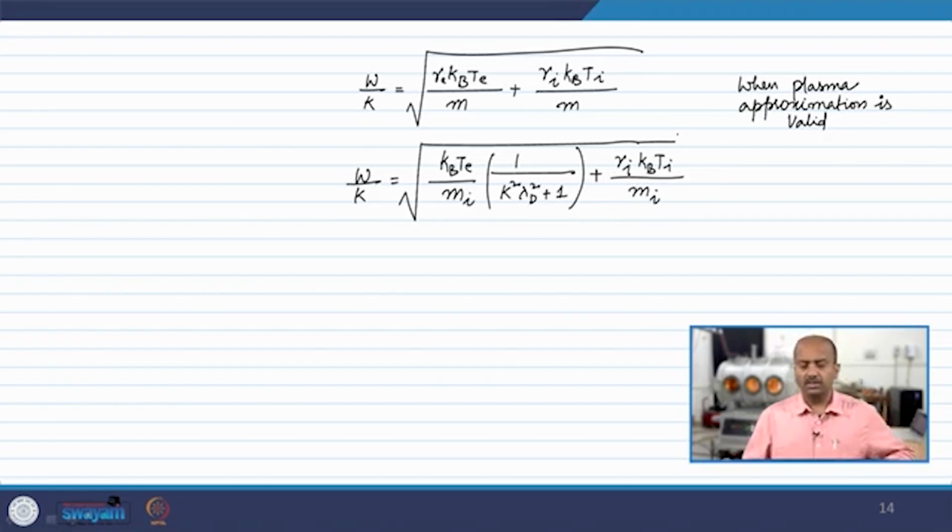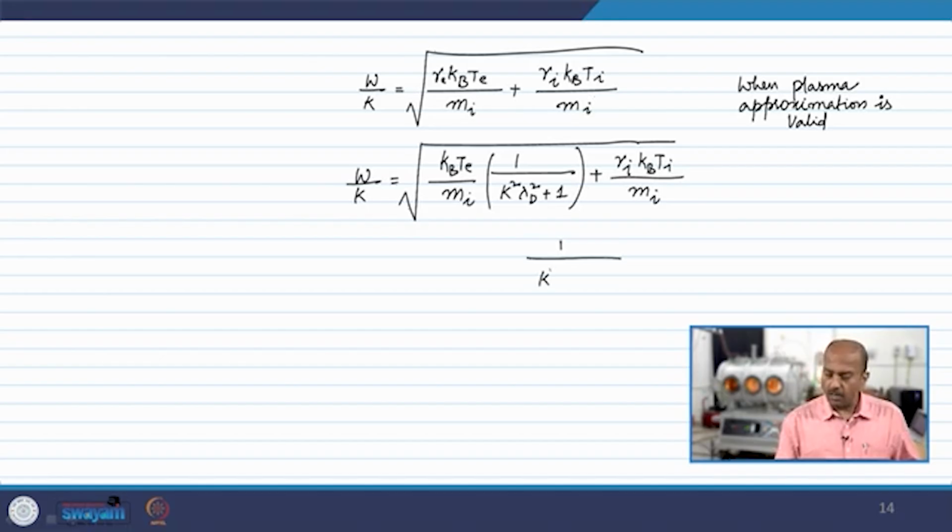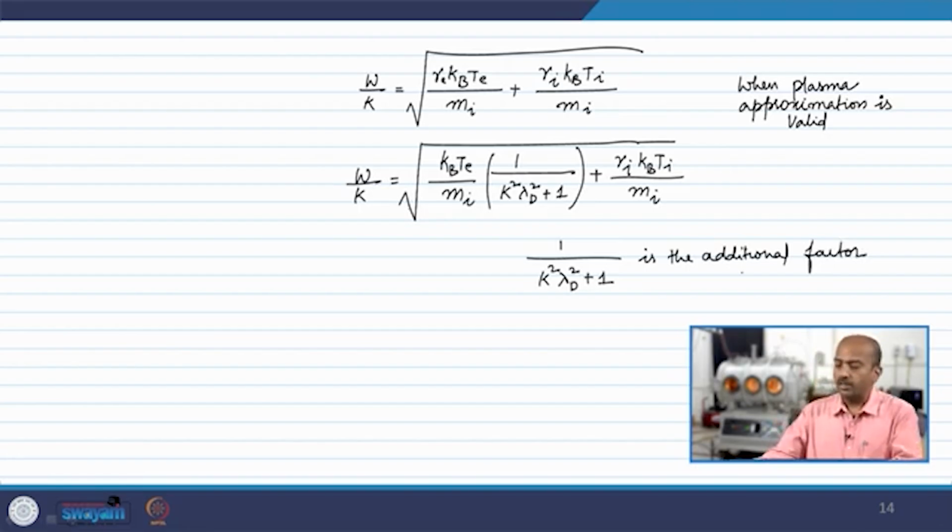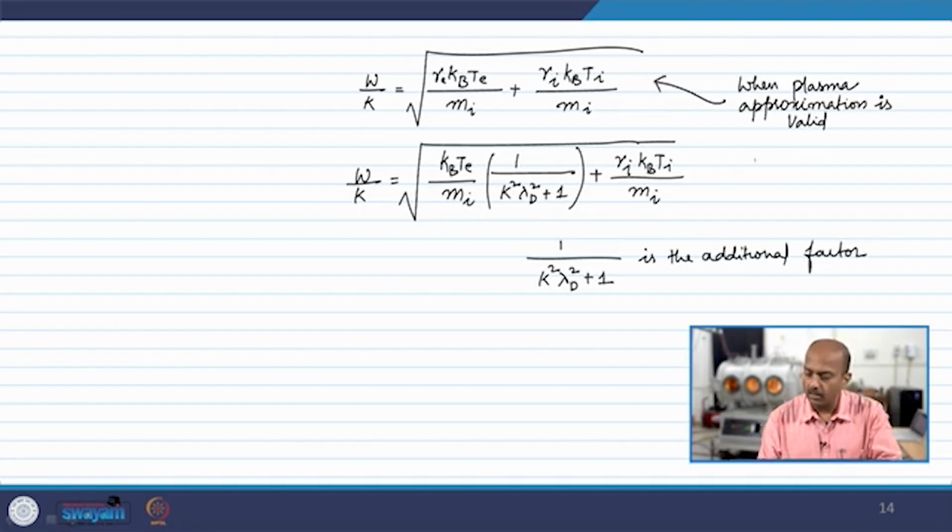So, the expression looks similar because we have gamma_I kBTi by mi appearing on both sides, except for the additional factor. What is the additional factor? The additional factor is 1 by k square lambda_D square plus 1. Why is there this additional factor when the plasma approximation is valid in one case and not valid here?